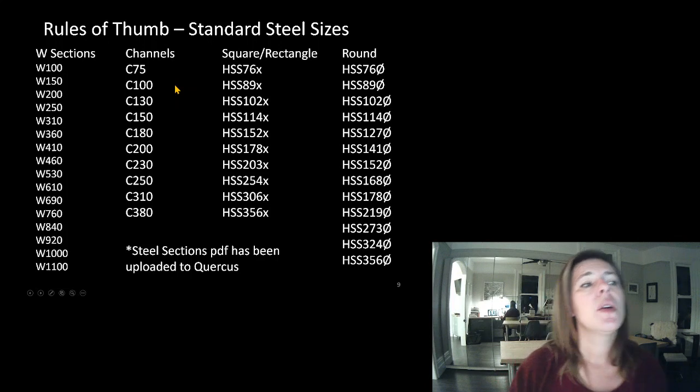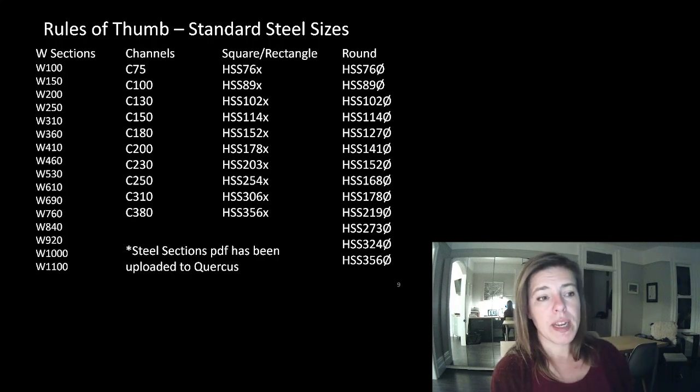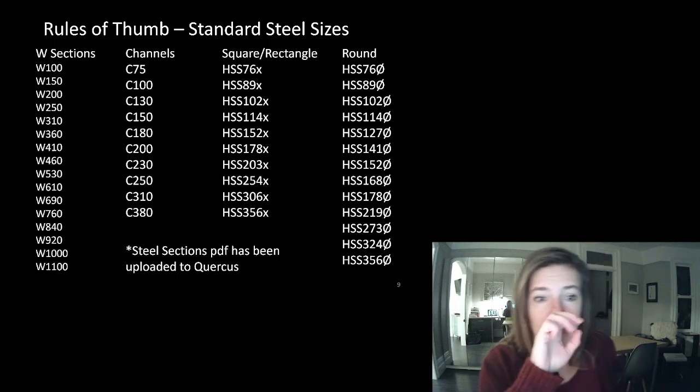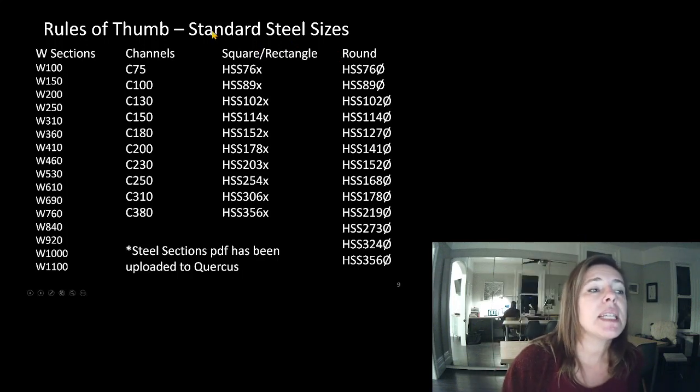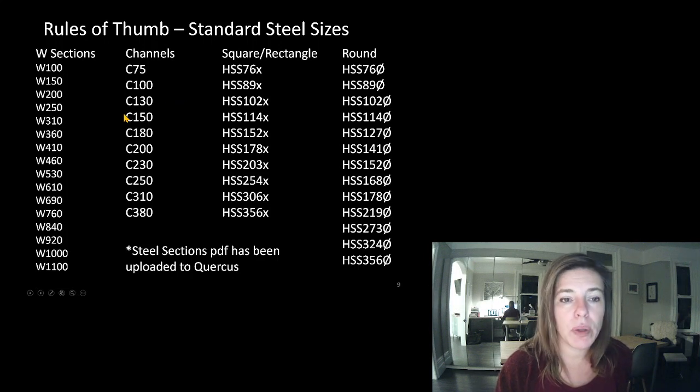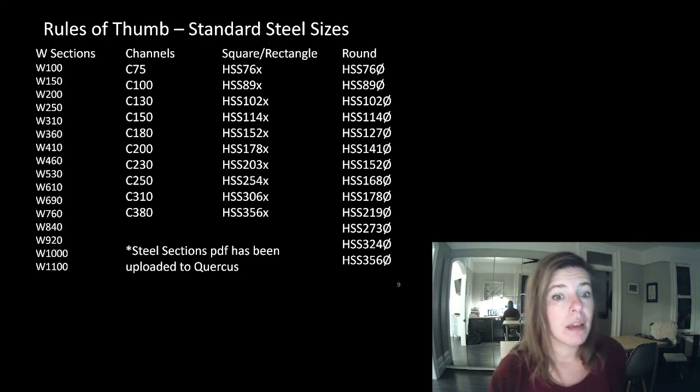Okay, let's jump back to this. All right, rules of thumb. We're going to introduce those now, which is also a file that's been uploaded to Quirkus, and I'll pull that up in just a minute. But these are the kind of things that you can size based on the sizing guidelines. You are not going to know if it's a W150 by 21 or 37. That's not the sort of information you're going to get out of your sizing guidelines.